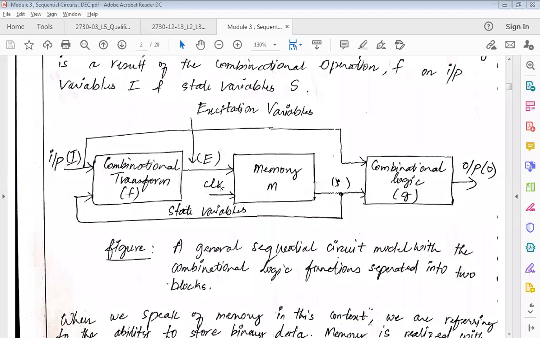As soon as a clock is enabled, I am triggering the circuit to receive inputs. As soon as there is another clock, I am triggering the circuit to receive another input. So it can be said that it's a triggering circuit. Clock can be referred to as a triggering circuit.